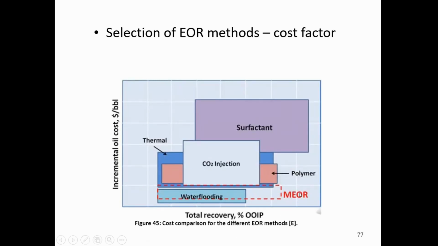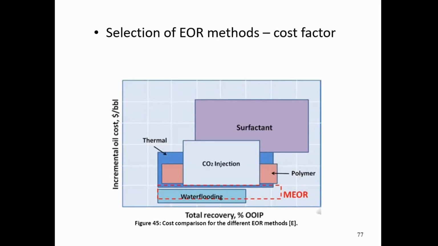Microbial is under research. Maybe in Bangladesh, think about microbial because you have so many organic materials. You can make it out of a fermentation process, and you can produce biosurfactant or bioethanol.